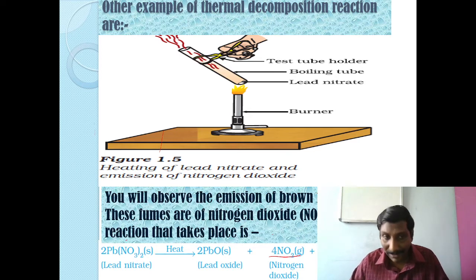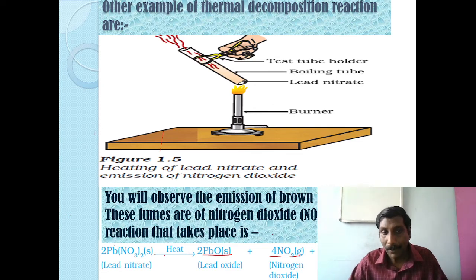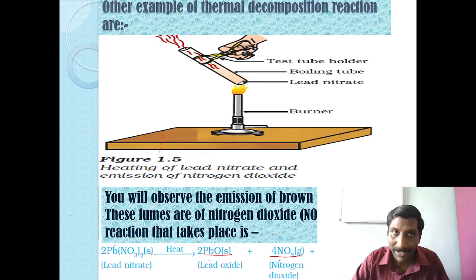As we heat lead nitrate, it undergoes decomposition to generate lead oxide and nitrogen dioxide. Nitrogen dioxide is a gas, and it is coming out as brown fumes. So the equation must be like this: lead nitrate on heating gives lead oxide, nitrogen dioxide and oxygen. This is a balanced equation for a decomposition reaction.